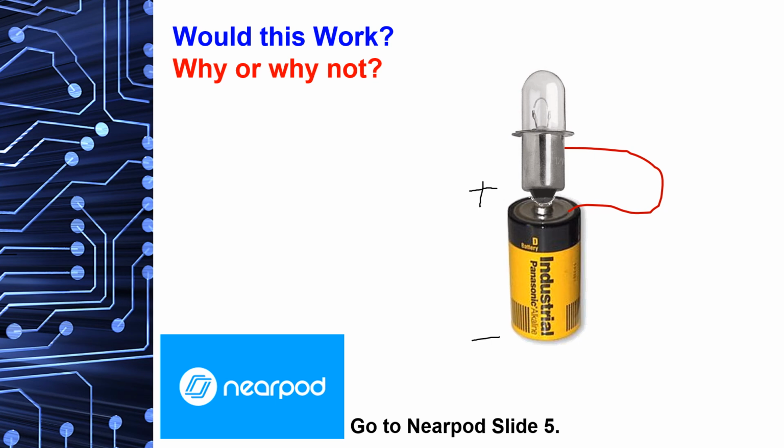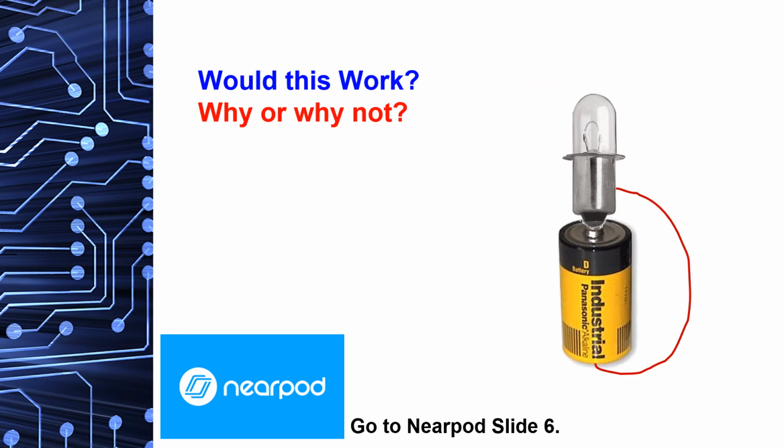And then look here, we're touching here too. So the light bulb is actually touching the positive side of the battery twice, but nothing's touching the negative side of the battery. So am I really making a complete loop through the power source? I don't think so. I don't think this one would light up if we could try it in the lab.